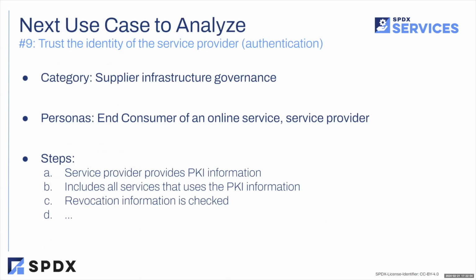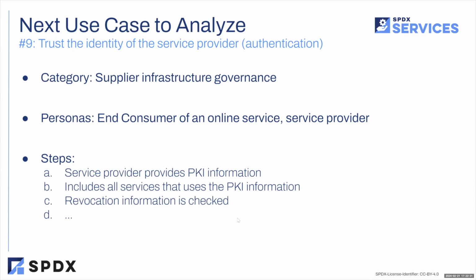So backing up, what's our next use case to analyze, which we'll probably be starting off in the next meeting. We're going to take on one that's a little bit more involved, which is trusting the identity of the provider. This is in the supplier infrastructure governance category. It has the personas of the end consumers of an online service and the service provider itself.